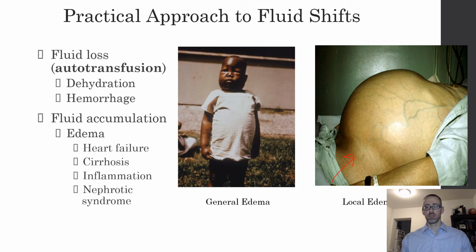So other causes of edema would be things like heart failure, cirrhosis, which is disease of the liver, inflammation, like I said, like an ankle sprain, and something else called nephrotic syndrome, which is actually a disease of the kidney, where the kidney filters blood, right, and it does this job of redistributing electrolytes and solutes to their appropriate places and in the appropriate quantities, and as long as it's functioning appropriately, everything is there to maintain homeostasis.